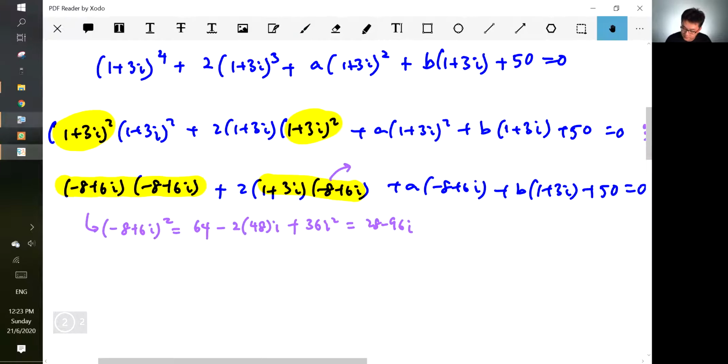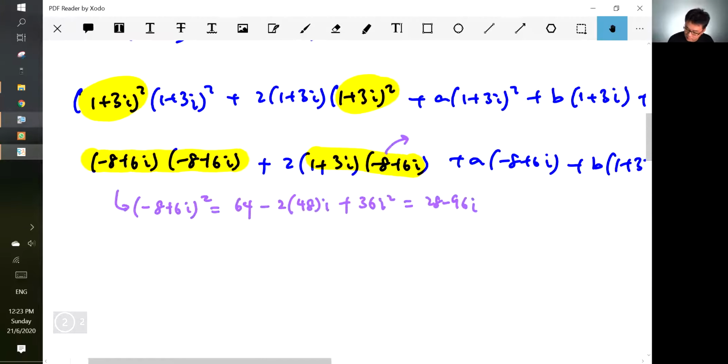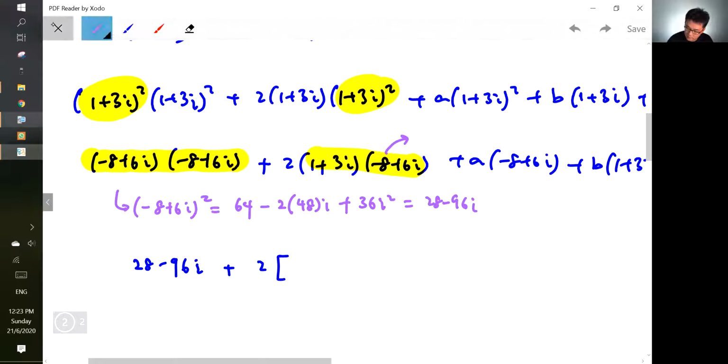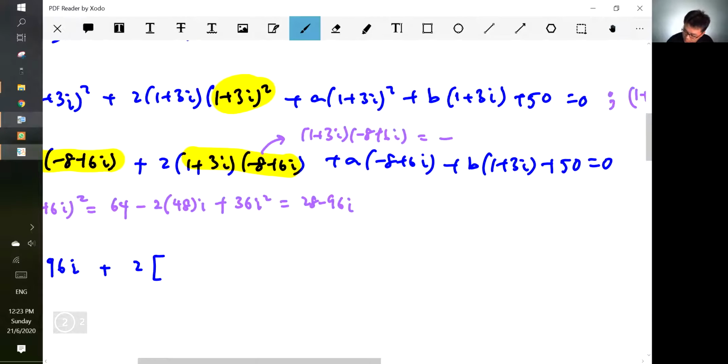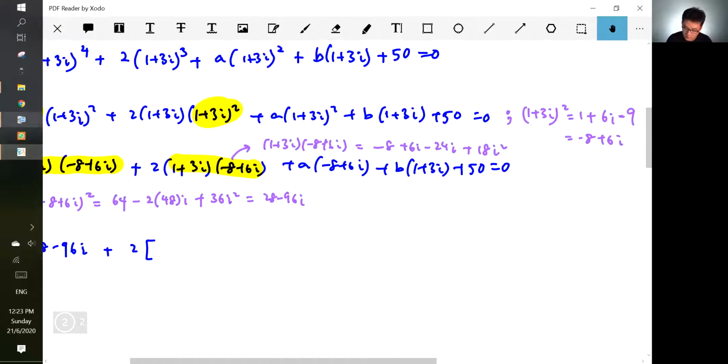Just expand. Minus 8 plus 6i, 24i. Let's see what the calculator gets you for 1 plus 3i.